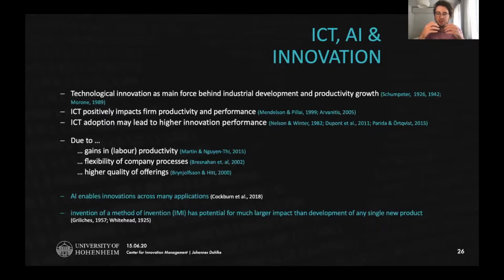Now, as scholars interested in AI, we often have to refer back to studies focusing on ICT because we simply don't have much data on the adoption of AI yet. So either there are simply not enough companies using AI already. My personal guess would be that approximately 5 to 8% of companies use AI. And if they use AI, they may not be willing to share this confidential information with researchers publishing the research, right?